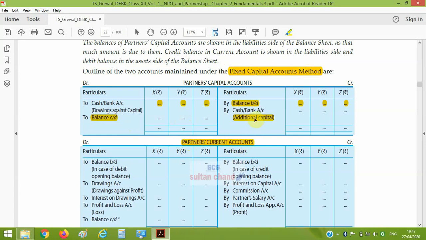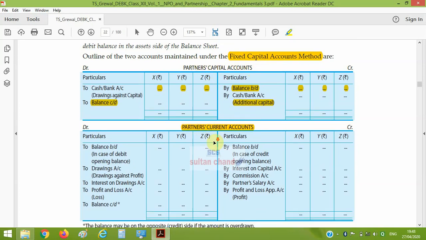I think it is clear to all that in the partners' capital account under the fixed capital method, we will do only two entries, either addition of capital or withdrawal of capital. All the other entries will be dealt with under the partners' current account. So when we prepare partners' accounts under the fixed capital method, we have to prepare two accounts: one is the partners' capital account, another is the partners' current account.